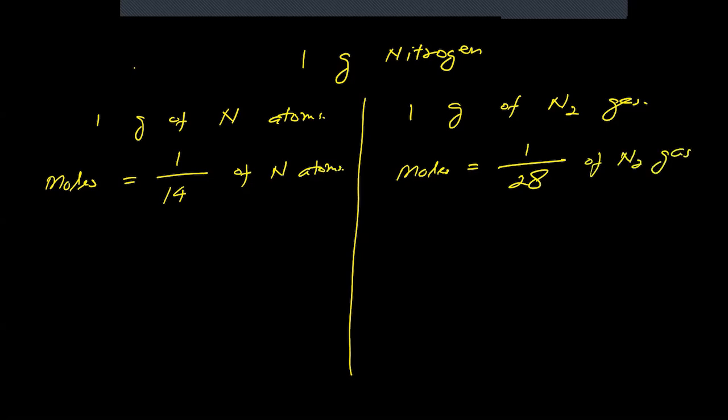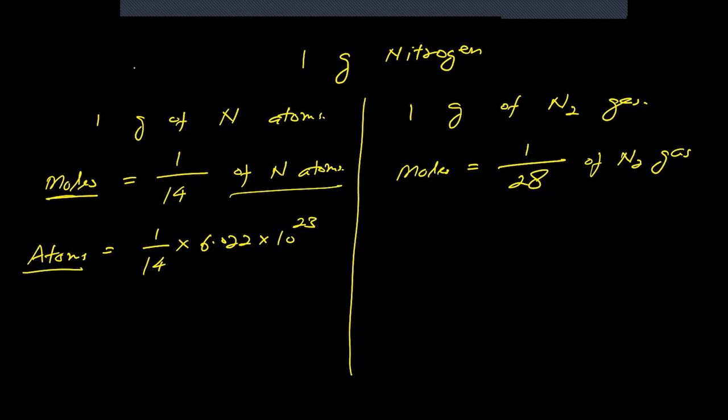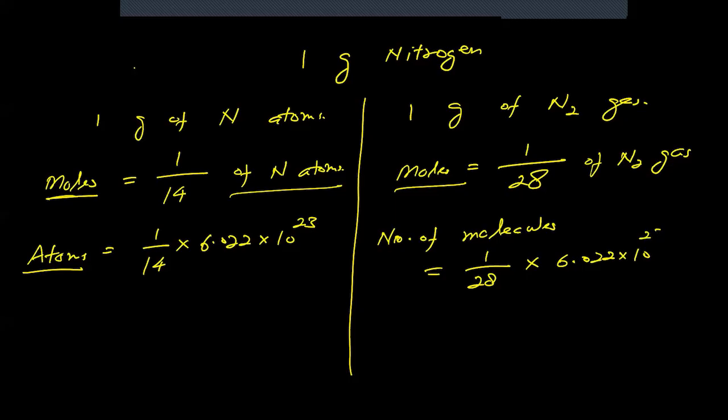Now calculate the atoms. Atoms will be the number of moles times 6.022 times 10 to the power 23. Remember, these are moles of nitrogen atoms, so now I am calculating the number of atoms. Here, moles of nitrogen gas means molecules, hence the number of molecules will be the number of moles times 6.022 times 10 to the power 23.